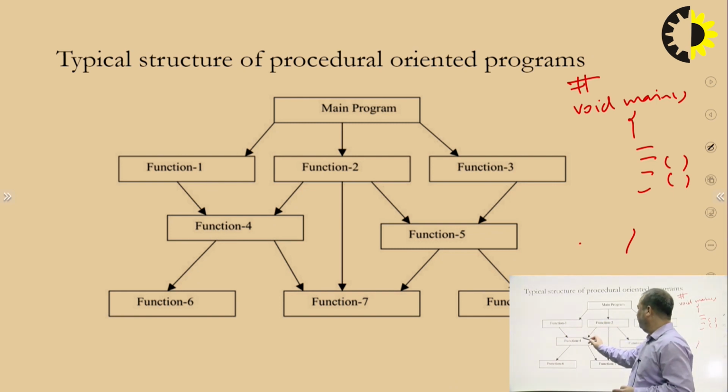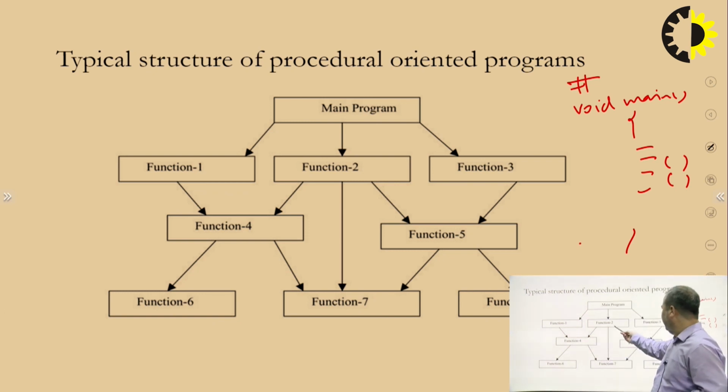Function 1 and function 2 both are using function 4, and like this. Even function 2 is calling function 4, function 7 and function 5, and so on. So the main concern of procedure oriented programming is the function, not the data.